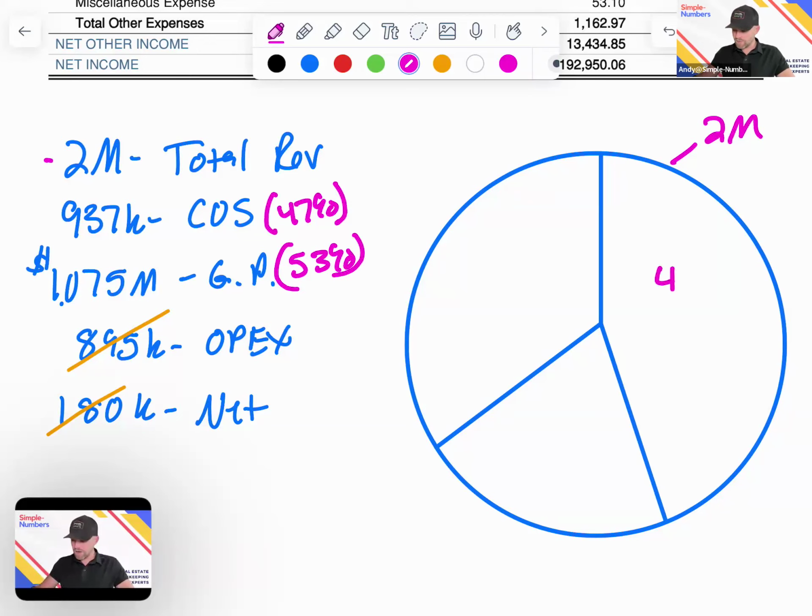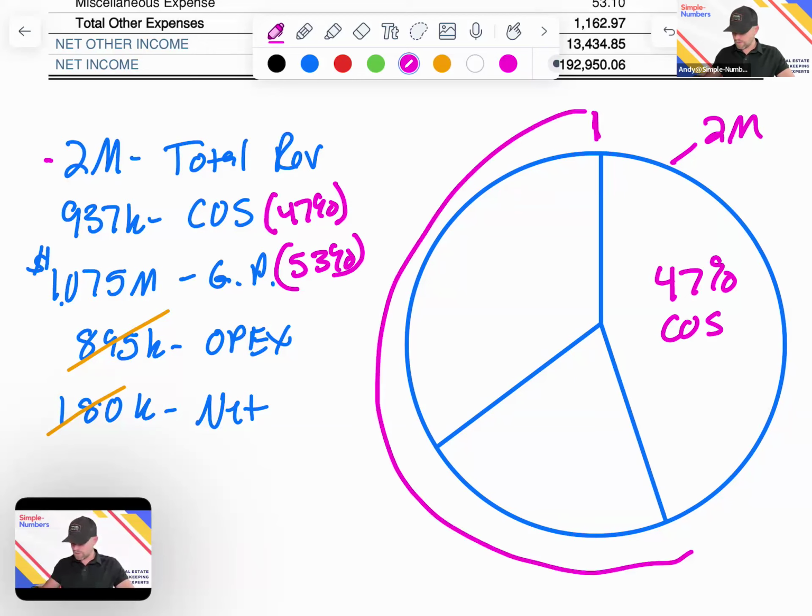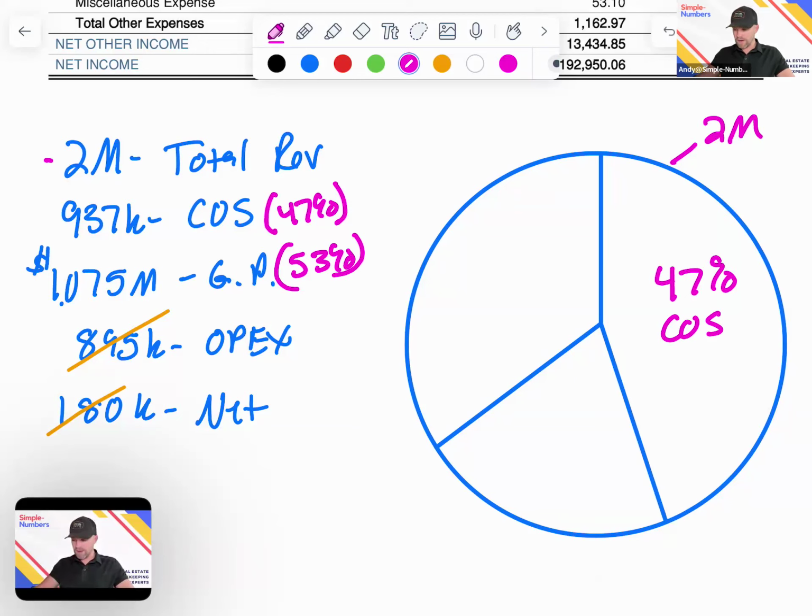Okay, so right off the bat, 47% in cost of sale, which left all of this all the way to here, which is 53% in gross profit they had to work with. Then they had to pay the bills. On paper, it says $895,000, but the owner had a good amount of salary in there. So $668,000 is really what they spent, which is 33%.